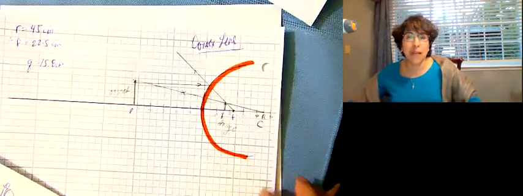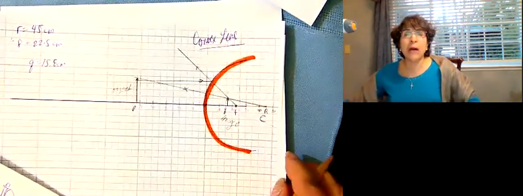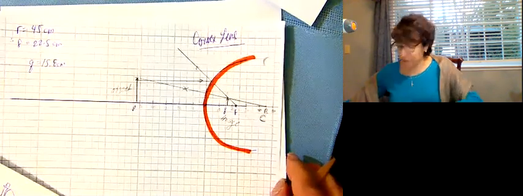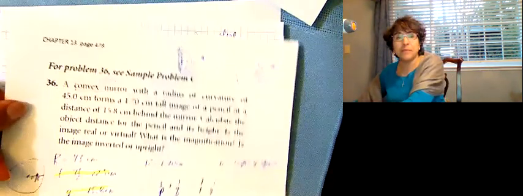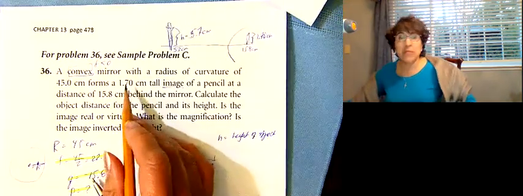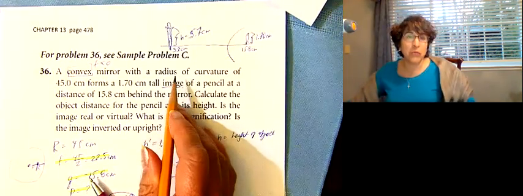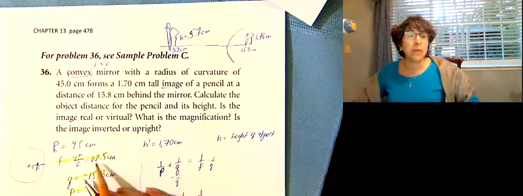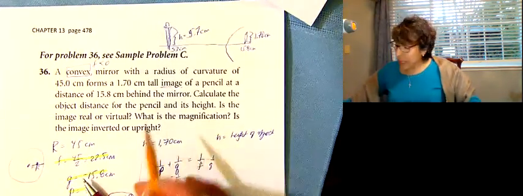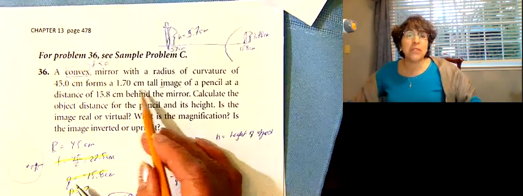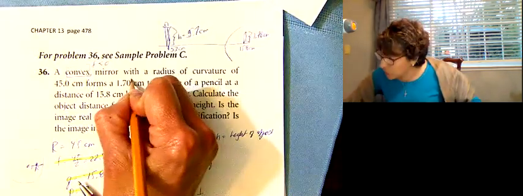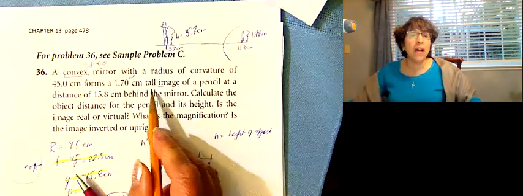All right, so there's an example of how to do your ray diagrams with convex. So let's go through this problem again. They tell you it's a convex mirror, and they tell you the radius of curvature. So immediately I know what the focal distance is. I write down 45 centimeters and I divide by 2, and there's my focal distance. And this time they tell you the height of the image, so I'm going to put H prime.